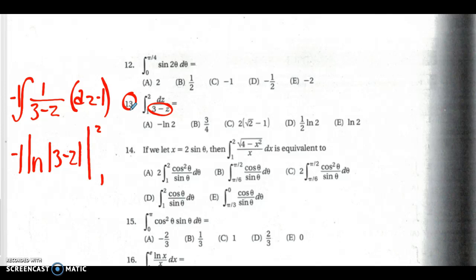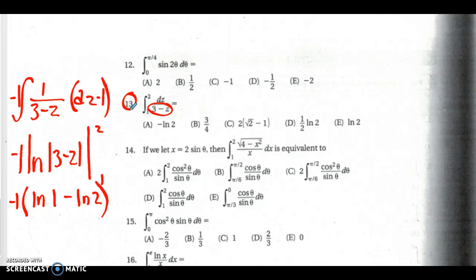from 1 to 2. I'll substitute on in, and so I get, I'll keep the negative 1 outside, ln of 3 minus 2 is 1, ln of 1, minus ln of 3 minus 1, which is ln of 2, close parentheses.